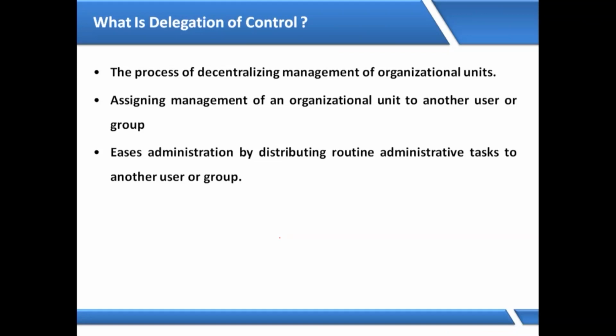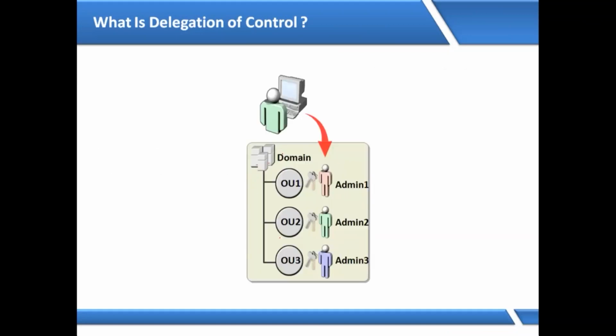Okay. Now suppose there are different departments. For each department, we will create one OU. Under one OU, we can make one of the persons a delegation control, like in groups, where we can make a group admin. Here, for example, they have shown three departments, so three OUs are created.